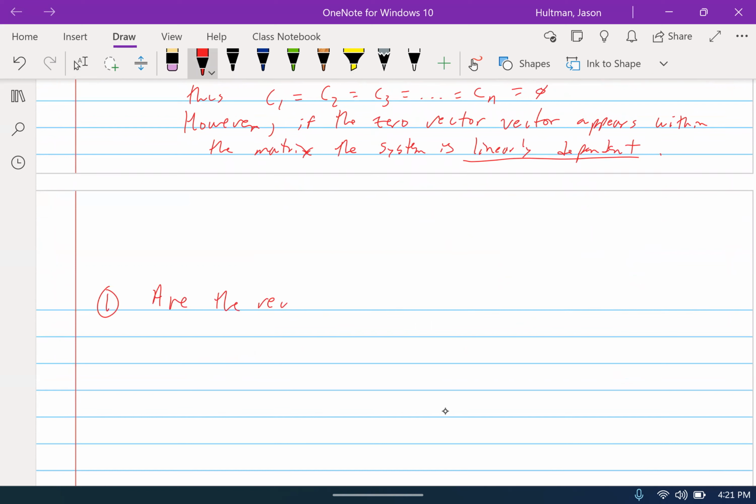Are the vectors v1 equal to 1, 1, 0, v2 equal to 1, negative 1, 1, and v3 equal to negative 1, 1, 2, linearly dependent or linearly independent?